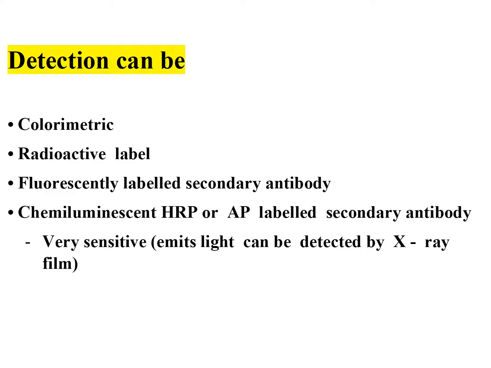Luciferase is what makes fireflies yellow in color, and they actually found the luciferase gene and labeled that onto the secondary antibody or the luciferase enzyme. Okay, and so now we thank lightning bugs for helping us.